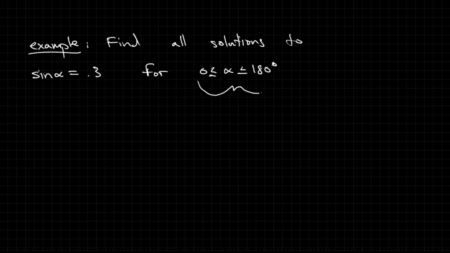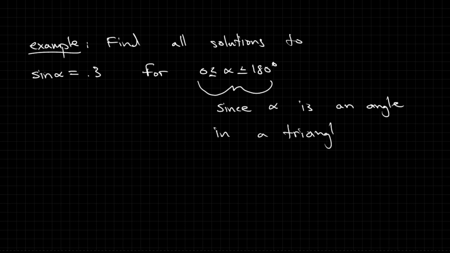And this has to be true since alpha is an angle in a triangle. And when I say it has to be true, I mean that it has to be true in the cases that we're going to examine with the law of sines.